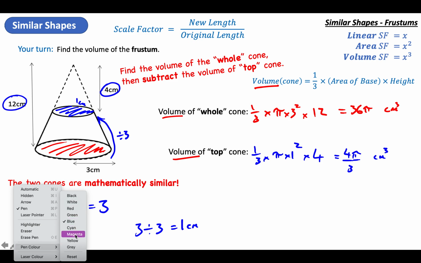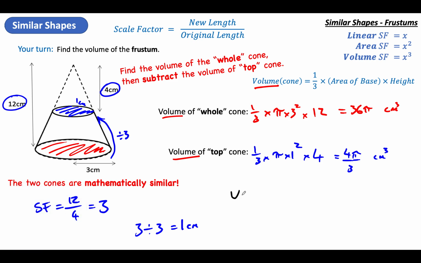Then let's find the volume of the frustum, the bit at the bottom. So we'll do the volume of the whole cone, take away the volume of the small cone, and it leaves 36 pi, take away 4 pi over 3, equals 104 pi over 3, or 104 over 3 pi centimetres cubed.